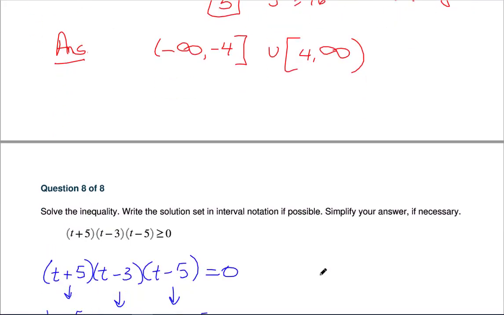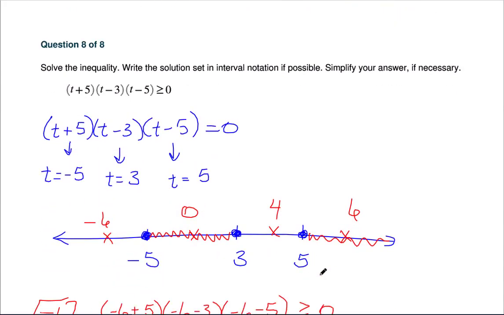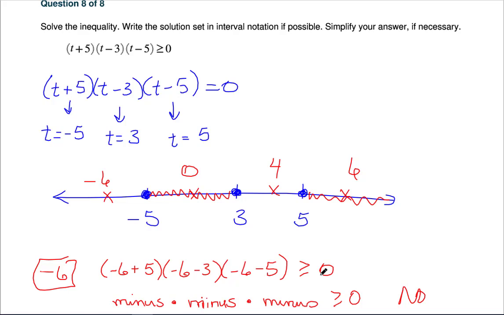All right, so now question 8. Now in question 8, I don't have to multiply this thing out. All I need to know is how does it chop up the number line. So what makes this piece 0 is minus 5. What makes this 0 is 3. And what makes this 0 is 5.